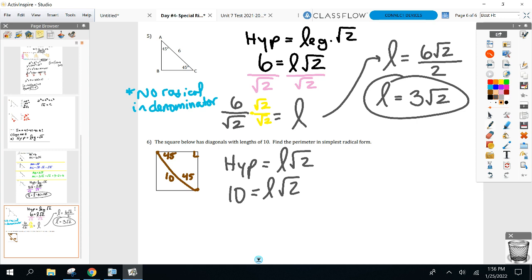Can you solve for L now? In simplest radical form, can you solve for L? So divide both sides by radical 2. Get the radical out of there again. Let's see if we come up with all the correct answer here. No radical in your denominator.